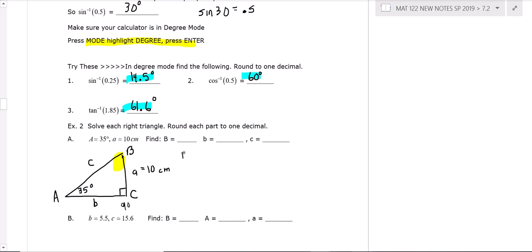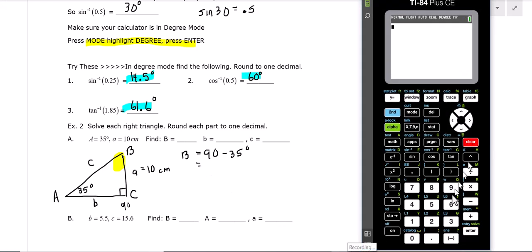So the way you find angle B is you just take 90 minus 35 degrees. You can use your calculator if you don't want to do that in your head. A lot of times you can do these in your head. So what's that, 55? Yeah, okay. So we have 55 degrees is the answer.